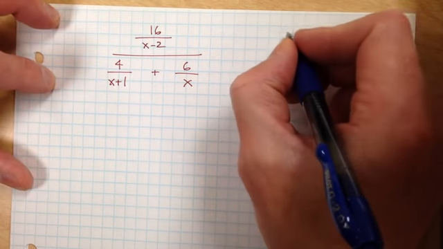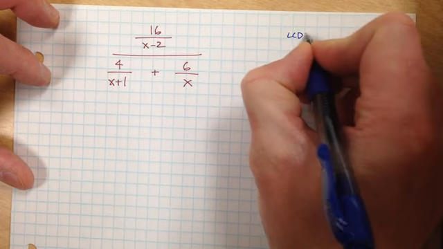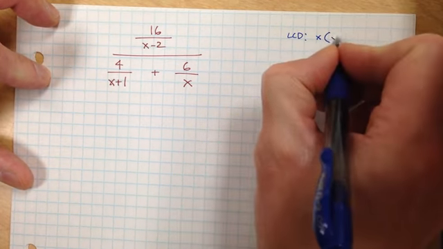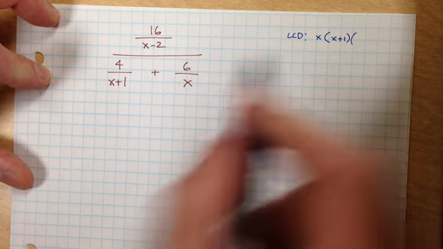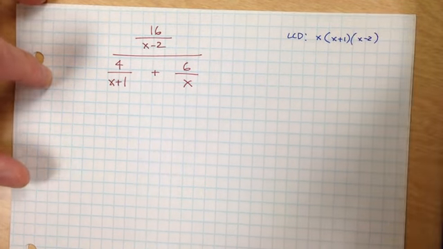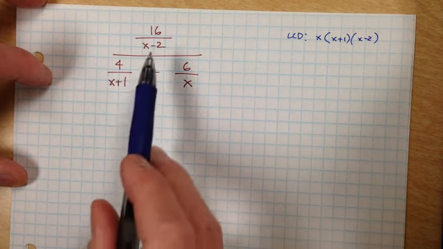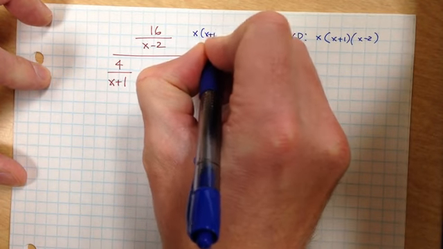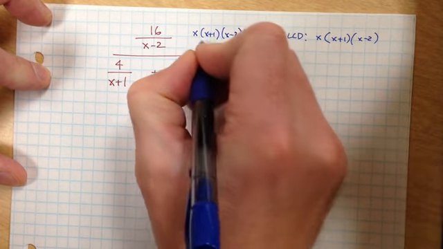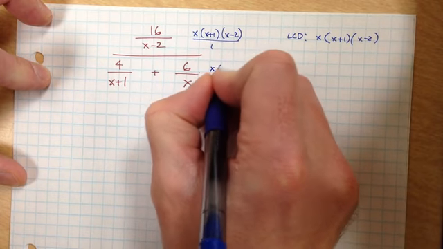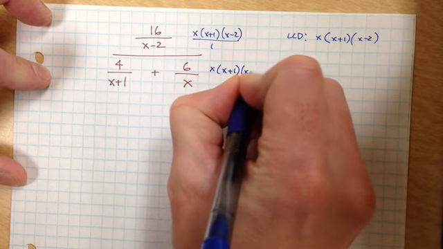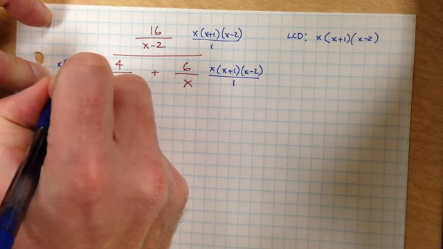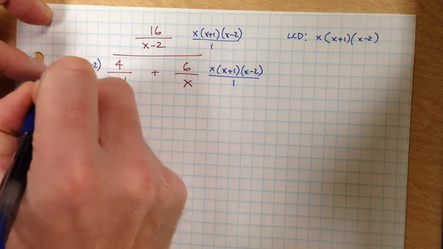Here I will identify a common denominator, the least common denominator of x plus 1, x minus 2. So I'm going to multiply each one of these three fractions by that common denominator: x plus 1, x minus 2.